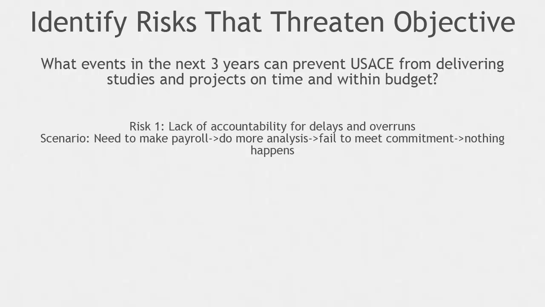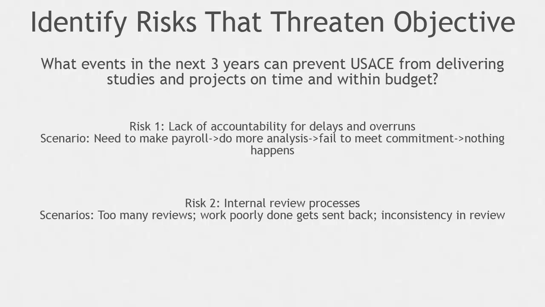The harm is a study is over budget and beyond schedule. One scenario by which it could happen would be the need to make payroll results in doing more analysis, which causes the study to fail to meet its commitments, and nothing happens. There's no censure, no penalty for doing so.